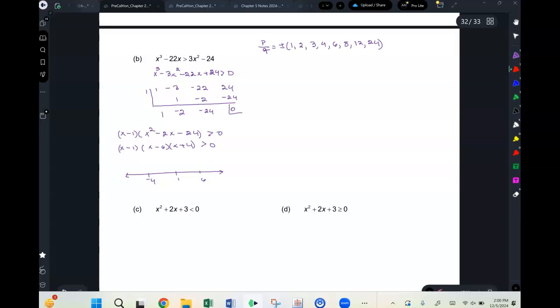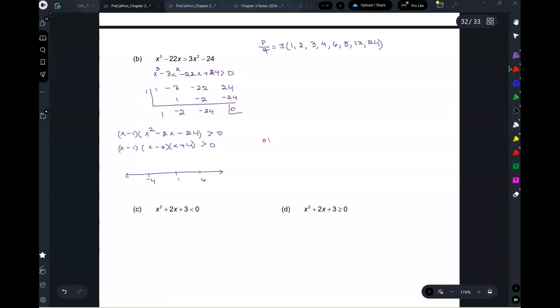Take a look at what we're going to do. I'm just going to plug in 0. So we plug in 0 into this, and I get negative, negative, positive. That gives me positive. Correct? Okay, the 0 was from this region, so I'm going to put a positive there. Now, moving from the positive to the left region, the border is negative 4.